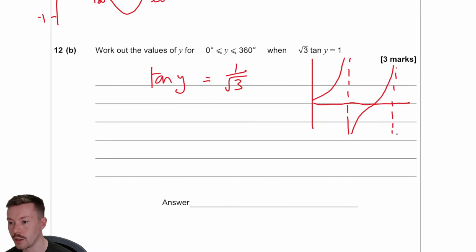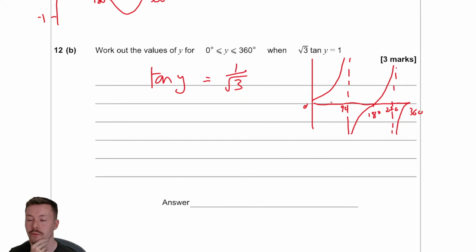Got another asymptote here, goes up like this. So that's 360. This is 270. This is 180. And this is 0. This is 90. So we're looking for the values of y for which tan y is 1 over root 3. We're going to have one between 0 and 90 and one between 180 and 270. Basically just add our answer onto 180.